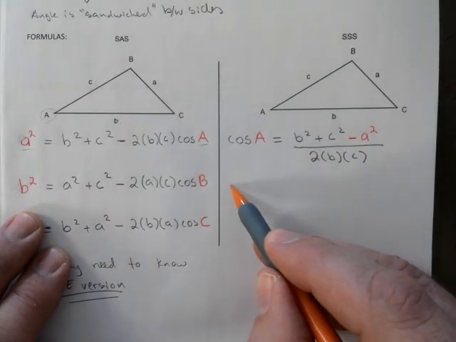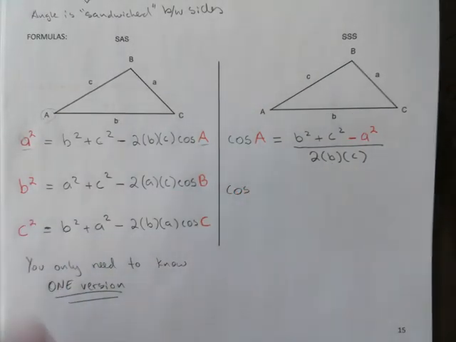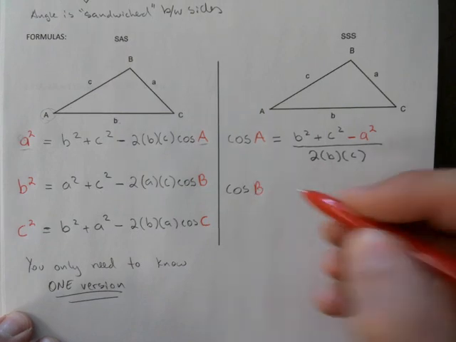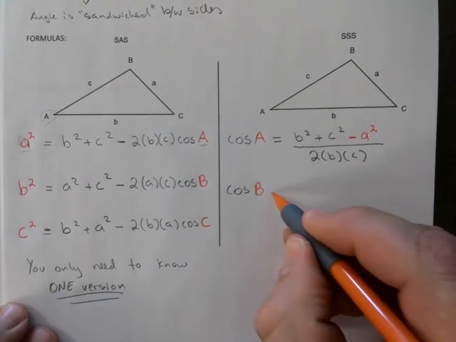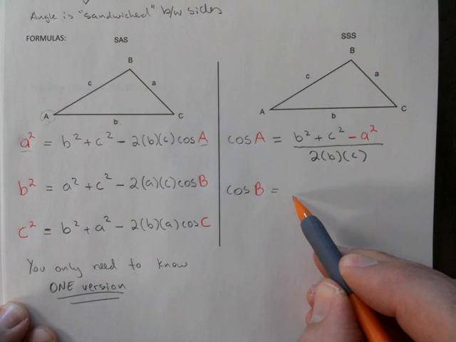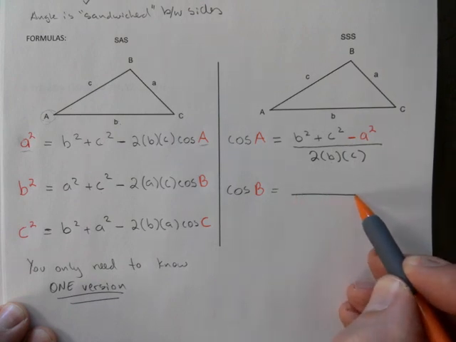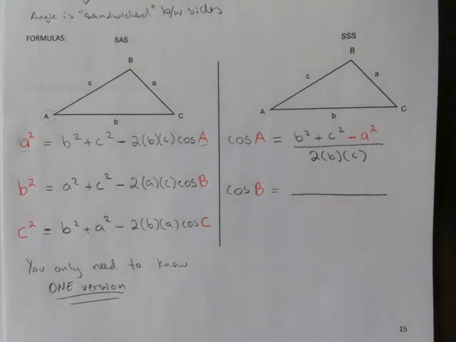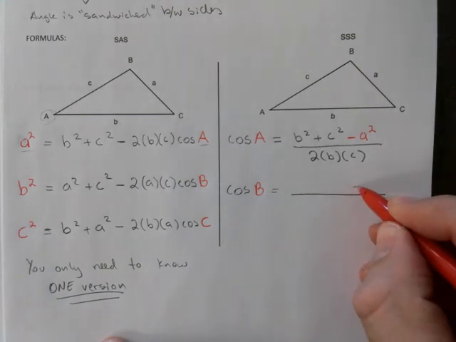If you wanted to solve for angle B, then watch this, guys. This is actually how I will show you to solve. You make a long line like that, and the first number I want you to write down is this one.